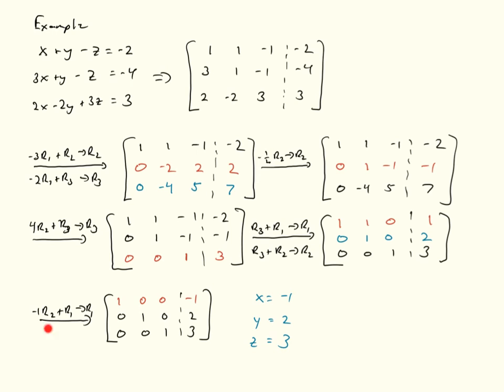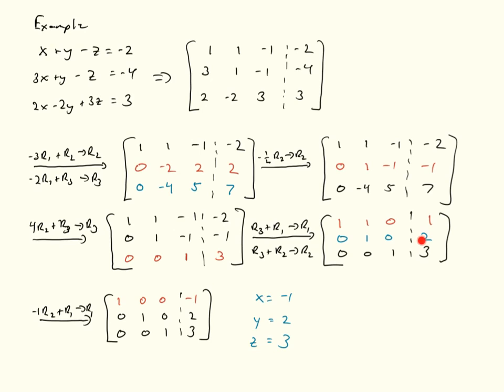In this situation, row 3 is not being touched. Row 2 stays the same as well. All I'm going to do is take negative 1 times row 2, add it to row 1. So 0 times negative 1, added to 1 is 1. Negative 1 times negative 1, added to 1 is 0. 0 times negative 1, added to 0 will still be 0.